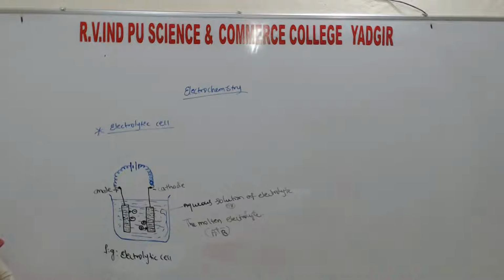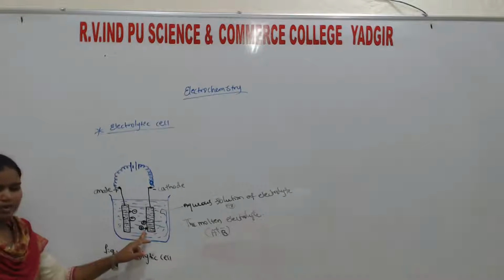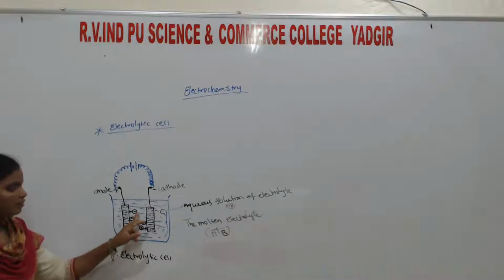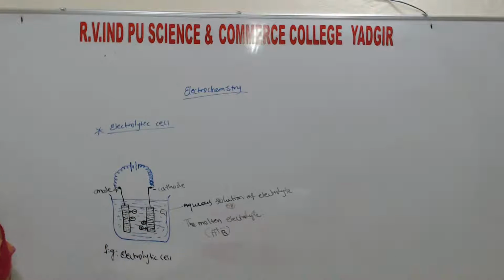The positive ions, that is the cations, move towards the cathode, and these negative ions move towards the anode.